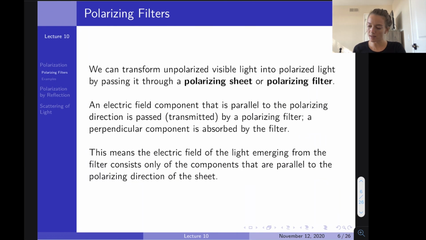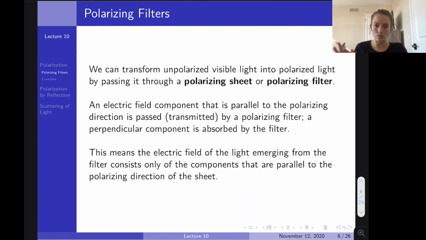Okay, and then we can make polarized light from unpolarized light. If we have unpolarized light, we can send it through what's called a polarizing sheet or a polarizing filter. Sometimes you'll also see those called Polaroids, but we'll be using polarizing filter in this class. Basically they're made out of some material that has these lines down it.